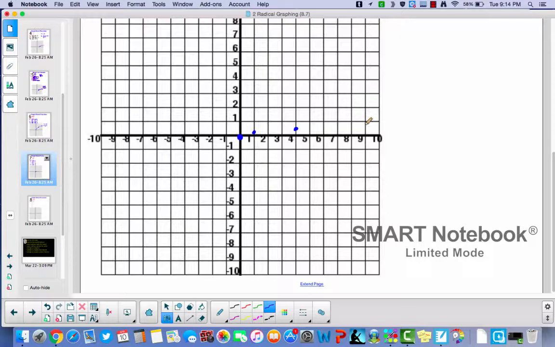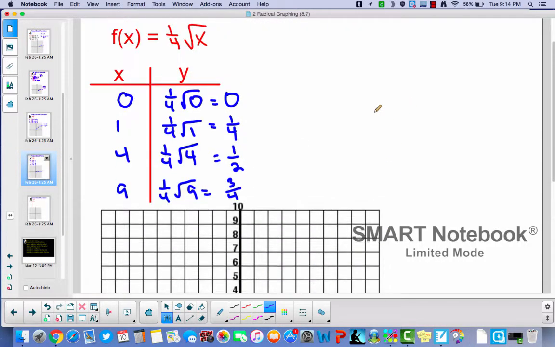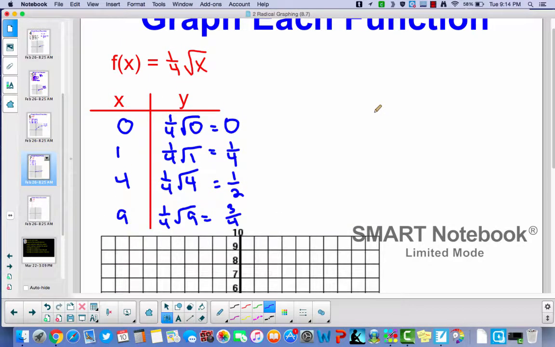We had 9, 3/4. This curve doesn't get very big very quickly. It's what we call a compression. Our domain and our range haven't changed. It's still all positive reals, or x is greater than or equal to 0. And our range is y is greater than or equal to 0, or all positive reals.